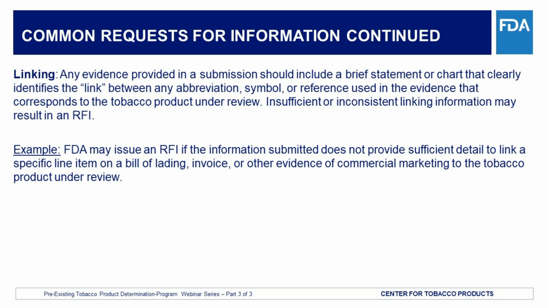Each piece of evidence submitted should be dated and have a brief statement or chart that clearly identifies the link between any abbreviation, symbol, or reference used in the evidence, such as an item number and/or product description in the evidence. An RFI may be issued if there is insufficient or inconsistent linking to the provided evidence.